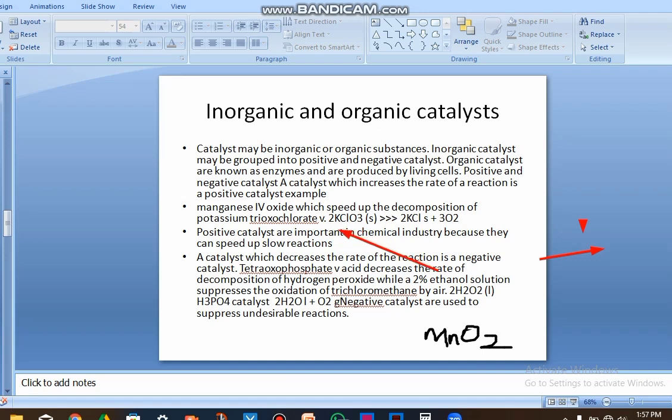Manganese 4 oxide is a positive catalyst because it speeds up the decomposition of potassium trioxochlorate 5. Positive catalysts speed up chemical reactions. An example of a positive catalyst is manganese 4 oxide. Okay, let's continue.